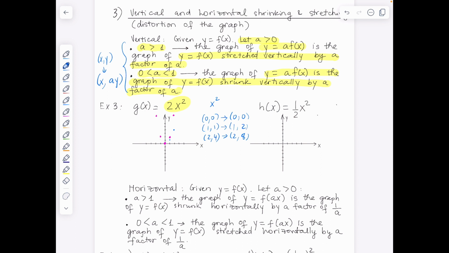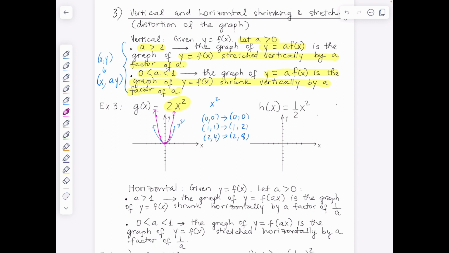So if this was the parent function, which is the function x squared, then this right here is the graph of the function 2x squared. And as you can see, it looks skinnier. And imagine that it's stretching vertically.